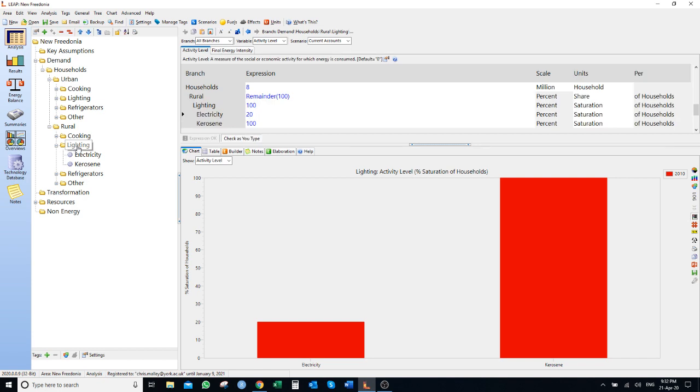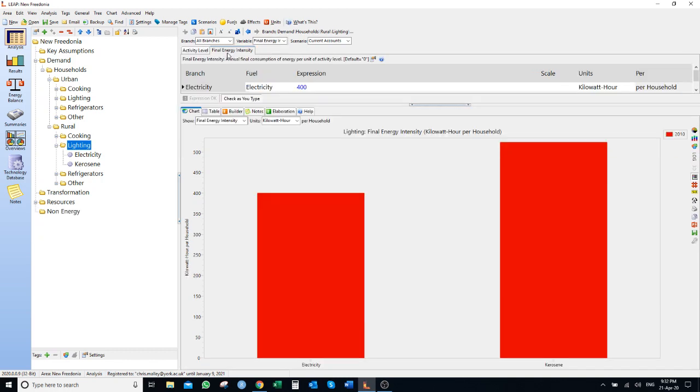So it tells us that all rural households currently use kerosene for lighting, consuming 52 litres per household per year. I've got all households using kerosene for lighting, 100% saturation. 20% have electric lighting. That's true. Consuming 150 kilowatt hours.